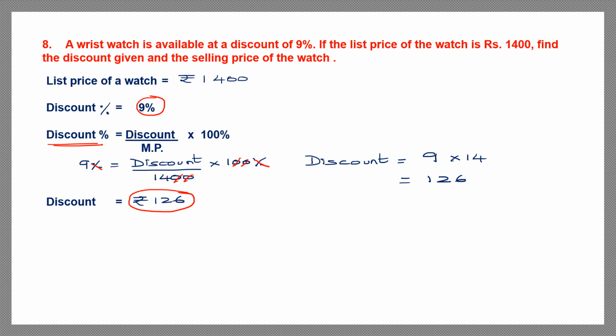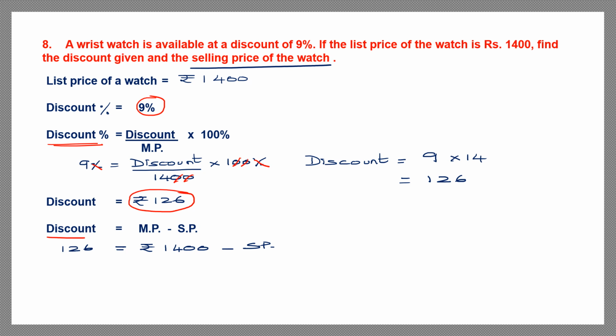The next thing we are asked to find is the selling price of the watch. Again, we can use the formula for discount which says marked price minus selling price. And discount we already know, that is 126 rupees. So 126 rupees equals the marked price, which is 1400 rupees, minus the selling price, which we are going to find out.